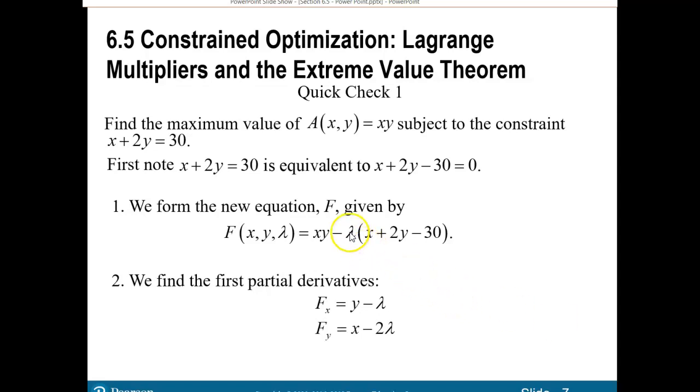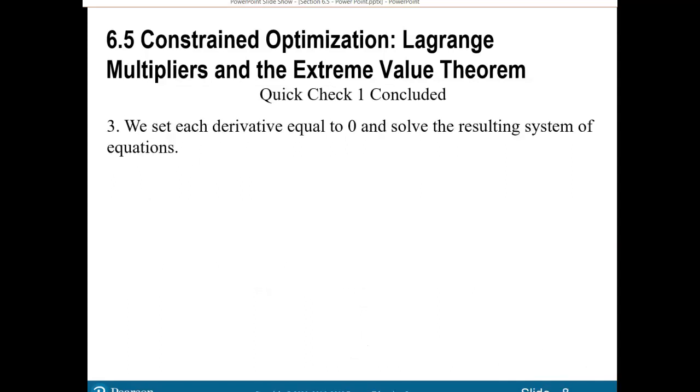It might be easier here to go ahead and distribute lambda through before you write these partials down. And then the partial with respect to lambda, there's no lambda here, so that's 0, so it's just the negative of lambda's coefficient. Now we're going to set all those to 0.